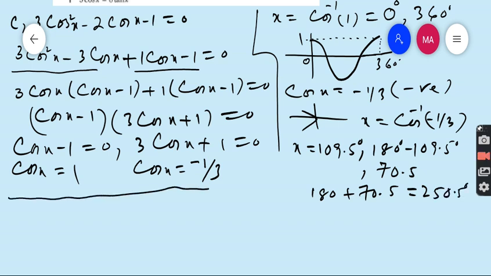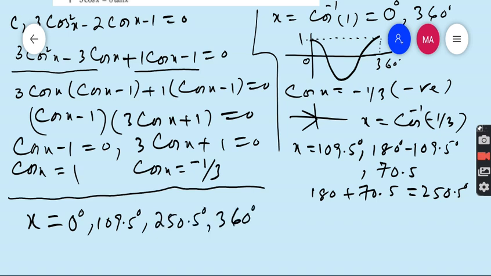Hence, our final answer is to write all angles in ascending order: 0, 109.5, 250.5, and 360 degrees. This is our final answer of part C.